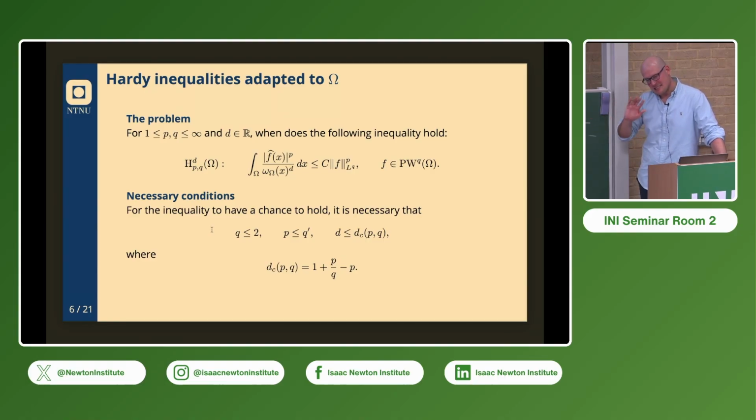This is for functions with Fourier support, a rather small class of functions, so this problem is much more rigid and you can expect stronger results. But it's not on the space side, it's on the Fourier side, so it's quite different actually. But thank you for your questions.